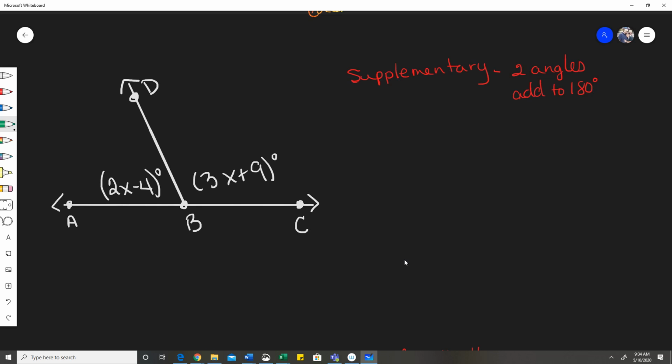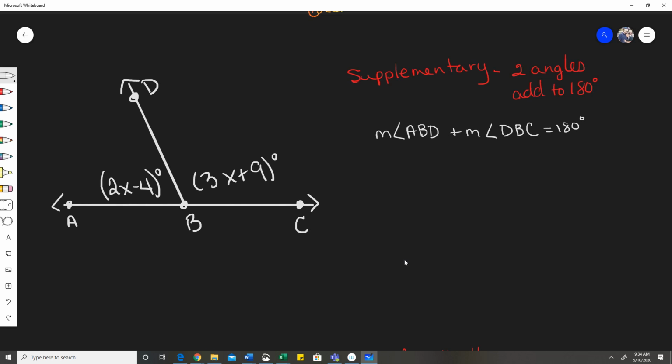These are going to add up to 180 degrees. Again, here we're looking at the measure of angle ABD plus the measure of angle DBC. And those have to add to 180 degrees.